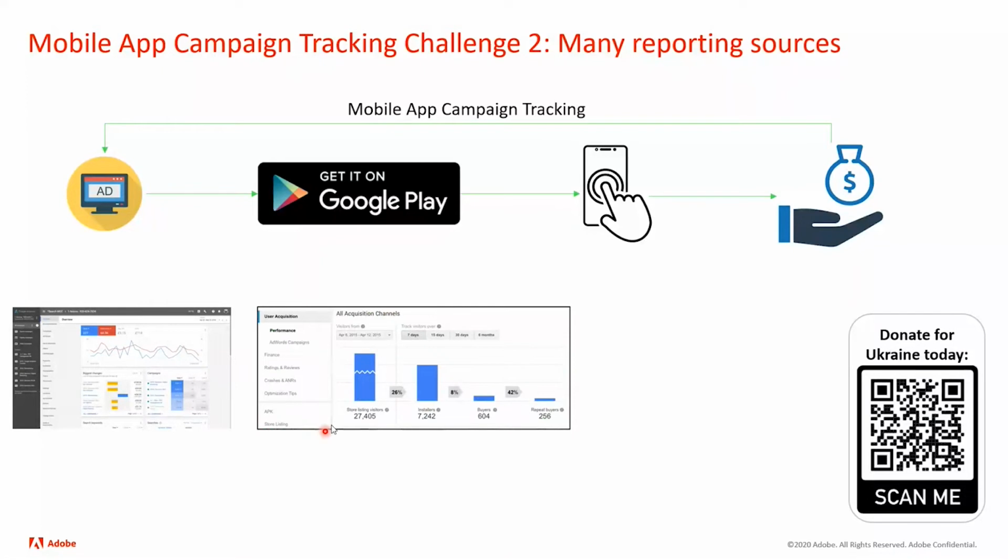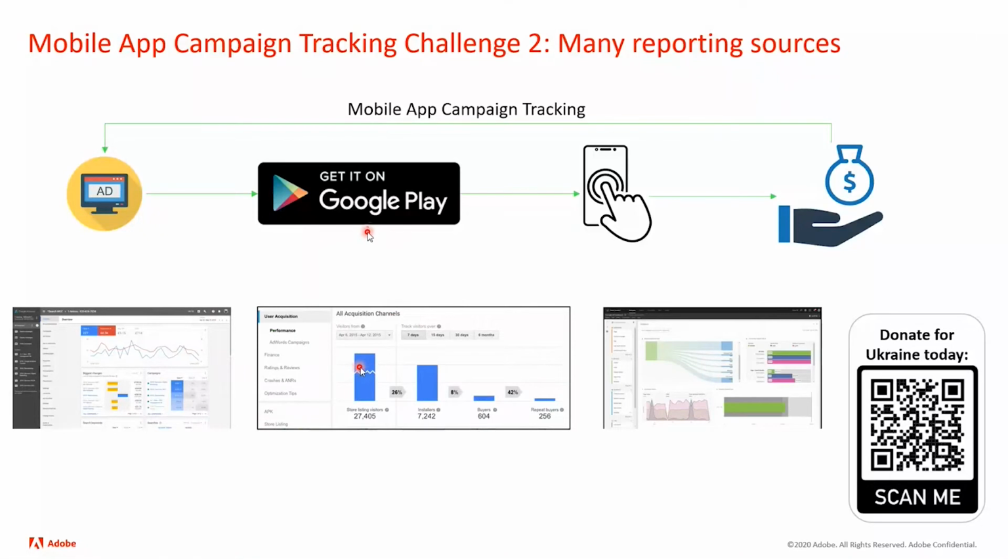Then we could look at all the different app store reportings and try to match data towards that. And then also look at Adobe Analytics to connect it with all the in-app activity from our users. But of course, that requires us to look into 3 different systems to get an idea of that full user journey. So there are 2 ways that companies can handle it.